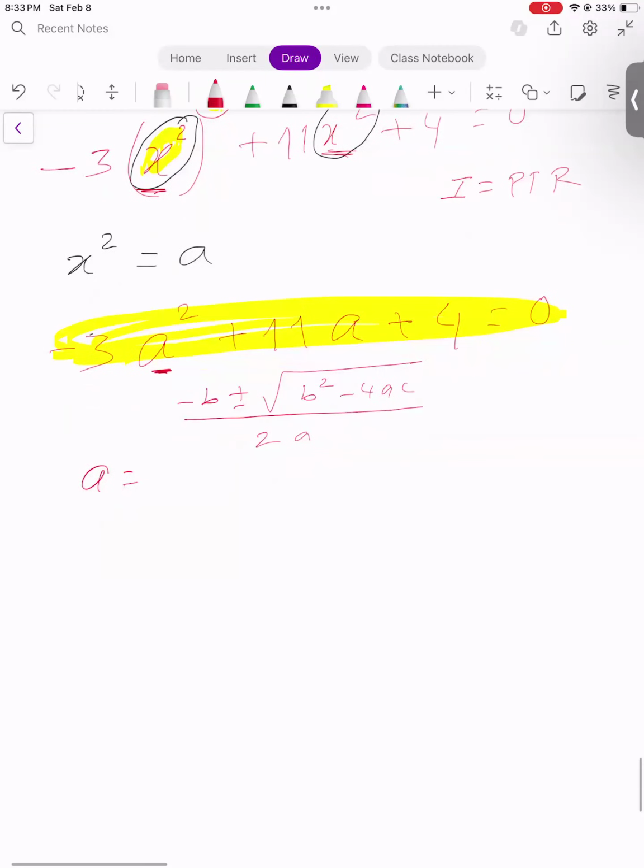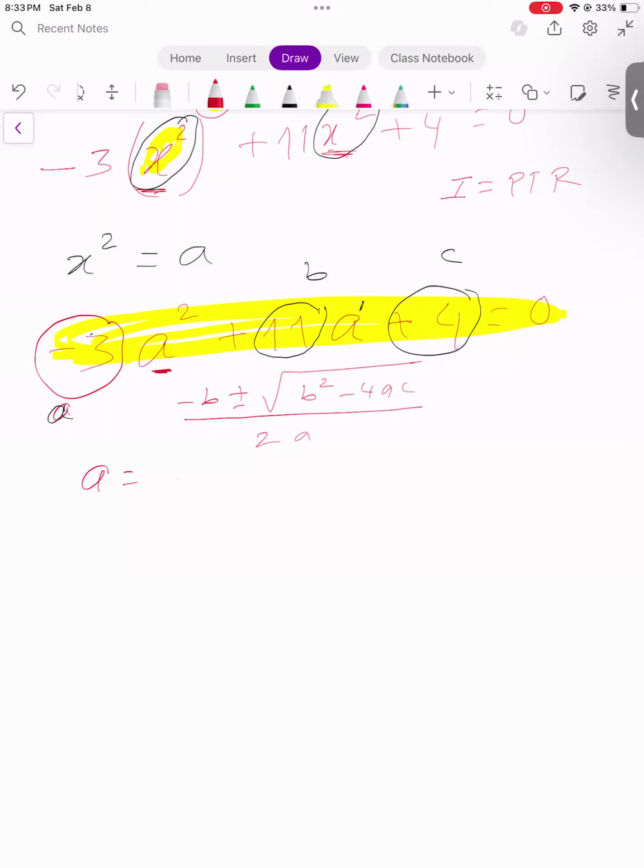Now let me use the quadratic formula. This is our a, right? The coefficient of the square term is a. The coefficient of the term with degree power 1 is b, so this is b, positive 11, and this constant is c.